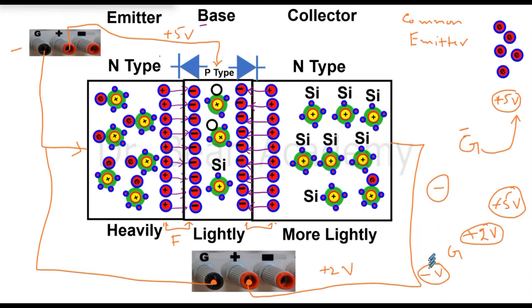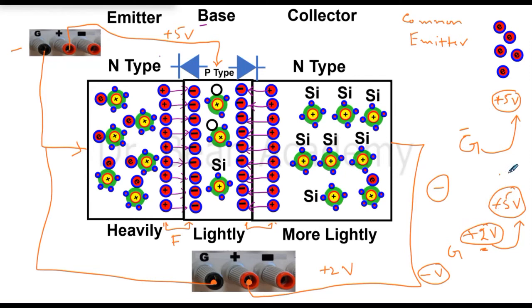So now n-type is connected with plus 2, and the other side, which is p-type base, is connected with plus 5 volts. And you see plus 2 volt is lower in potential than plus 5 volts. In this convention, plus 5 volts is more positive than plus 2 volt, right?